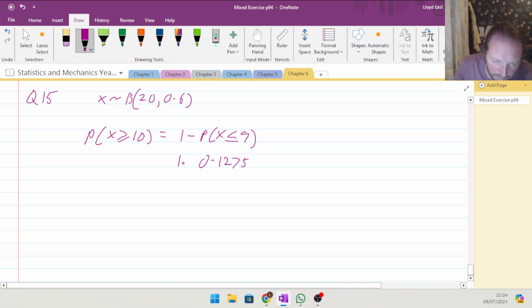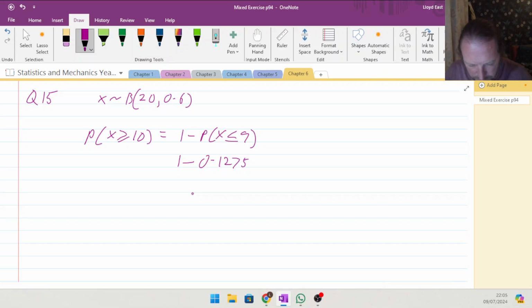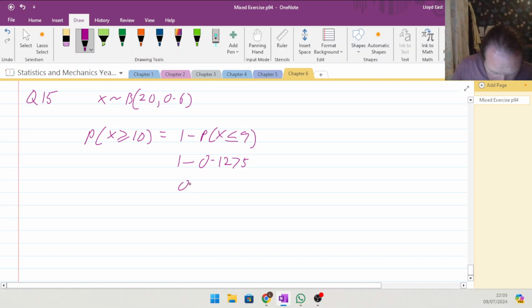So 1 minus that. Okay, onto the calculator. 1 minus 0.1275. Okay, and we get 0.8725 as a probability that she hits 50% of her shots.